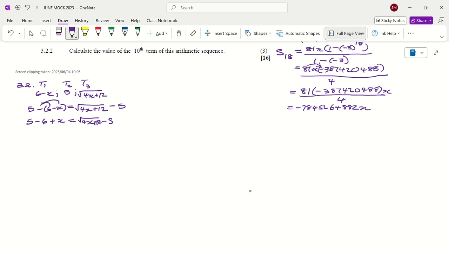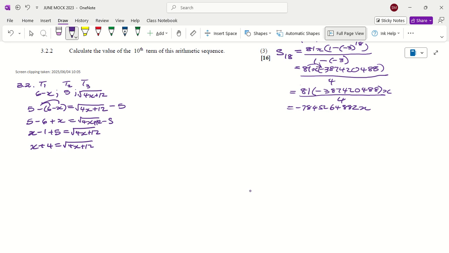It's negative 1, right? Sharp. Then it's going to be x minus 1 is equal to, in fact, let's just take 5 immediately to the other side. So it's going to be positive 5 equals root 4x plus 12, and then this is x plus 4 is equal to root 4x plus 12.